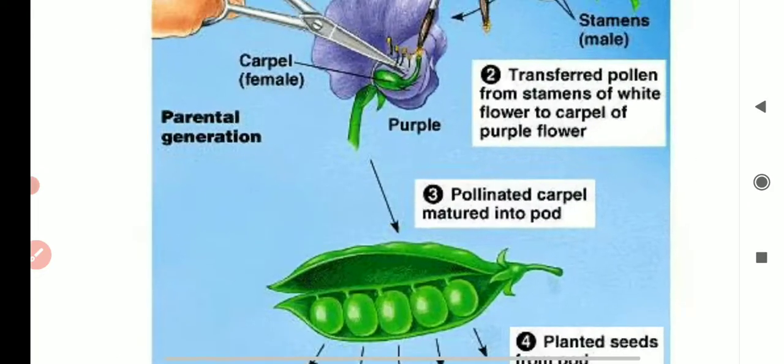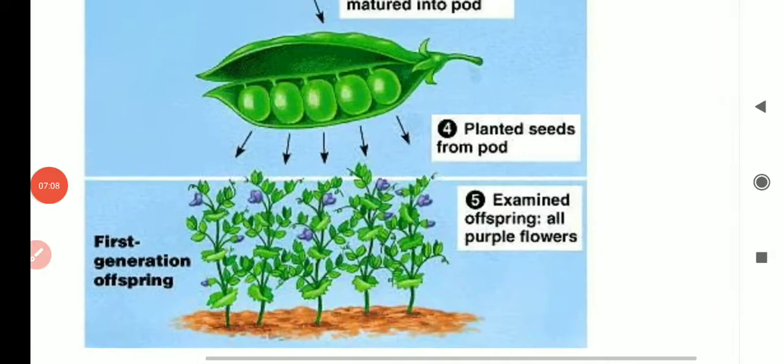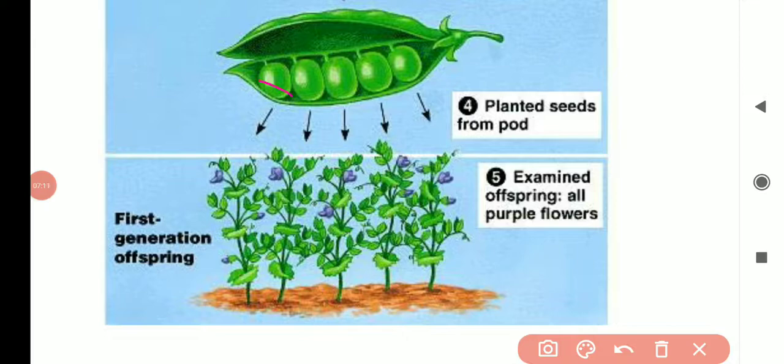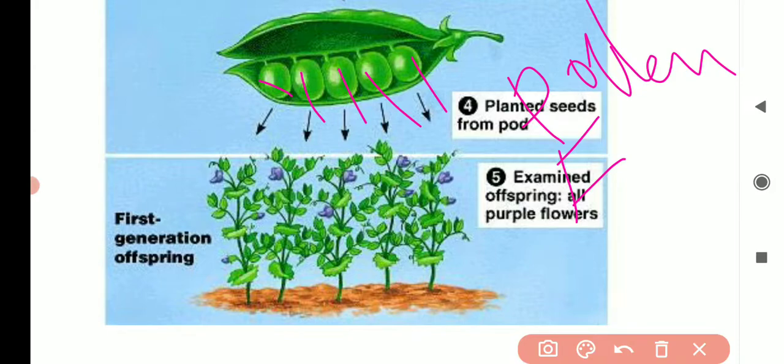From these seeds, the pods, he planted them, and then he observed that even though the father was white, the white flower, means the pollen was white, how come? Even though the flower was white, the child, I'll just write here the child instead of offspring, was purple.